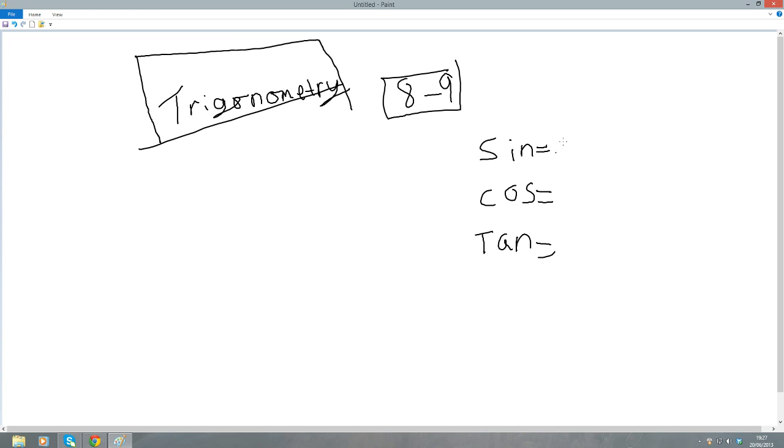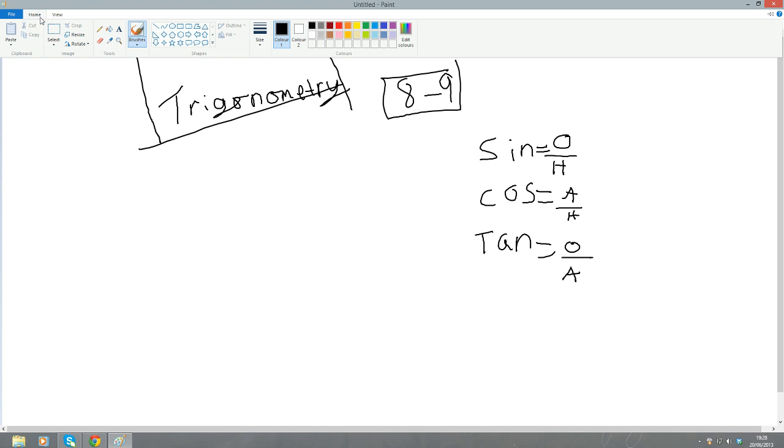Now the formulas for these are... if you're wondering what these letters stand for, I'll tell you.